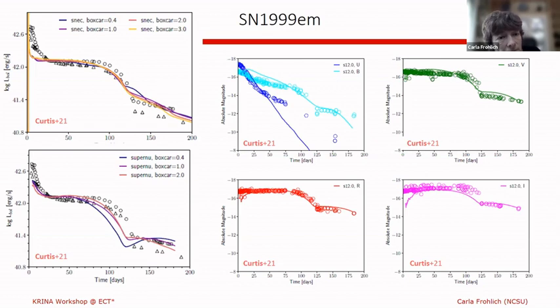And so what you see in those 2 plots on the left is going to more extreme mixing, either boxcar 3 or 2, which is pretty much a fully, entirely homogeneously mixed ejecta. So that's kind of your upper limit of what's possible for mixing at all. How different those bolometric light curves look from a standard setup, which is shown in dark blue in both of these plots.